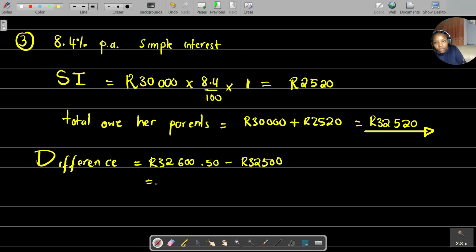You'll get that the difference in these two interest rates is just 150. So we can still see that if a simple interest rate is charged, the interest is less. The interest that is added is less compared to if interest is added at a compound interest rate. So that's basically the takeaway from this.